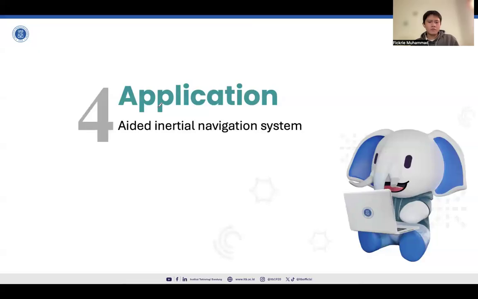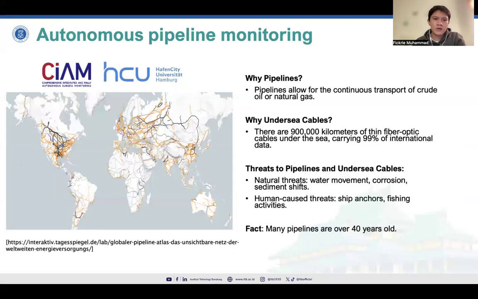Right, then we'll go to the applications of the AINS, the Aided Inertial Navigation Systems. For example, as I shared earlier, the autonomous pipeline monitoring, which is an ongoing project at the University of Hamburg, the CM project. So basically, why detect the pipelines?